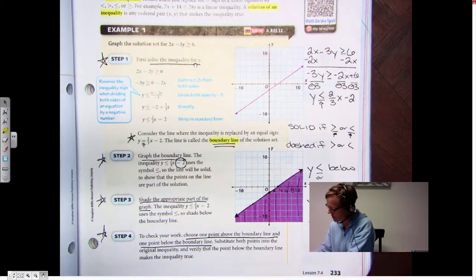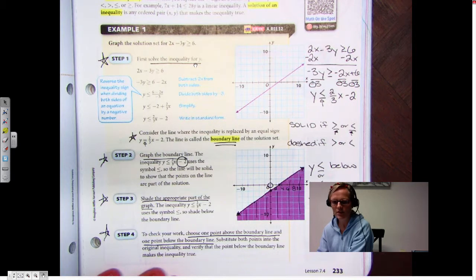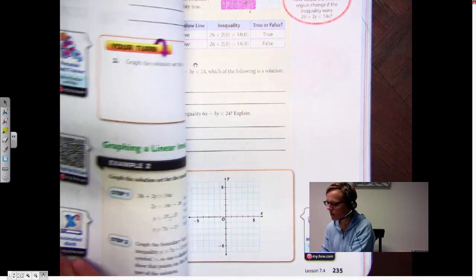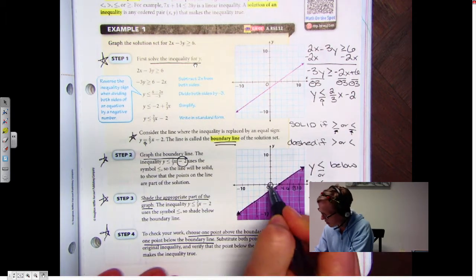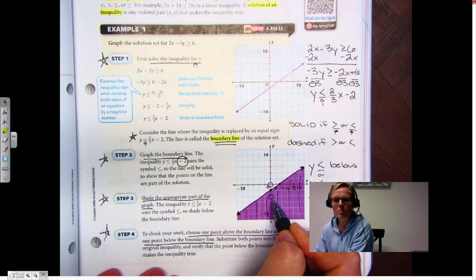So they chose this point right here, 0, 0, that I just circled. It's clearly above my boundary line. And then they chose 0, negative 4, which is clearly below the line.